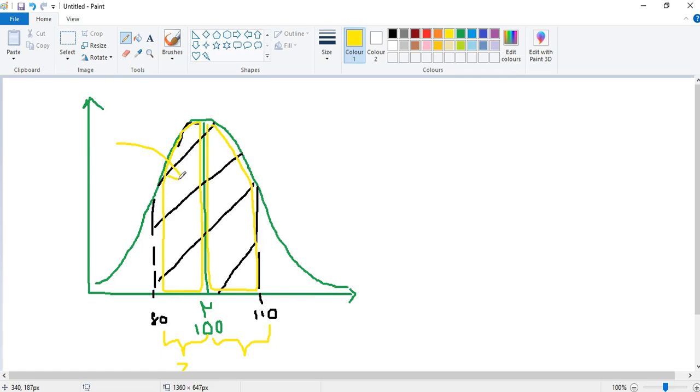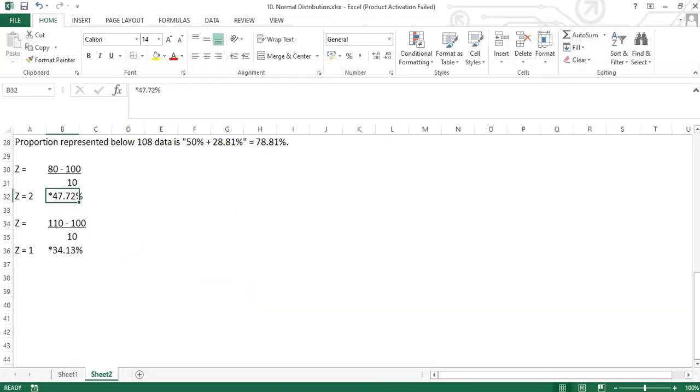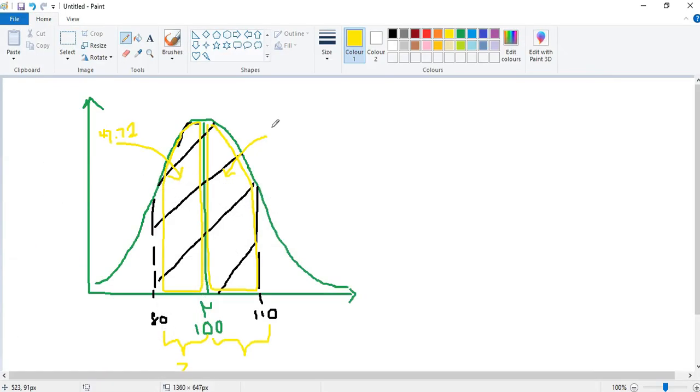So the answer will be 47.72. Whereas this side the answer will be 34.13 because Z is equal to 1. So a lower percentage has come because Z is less.